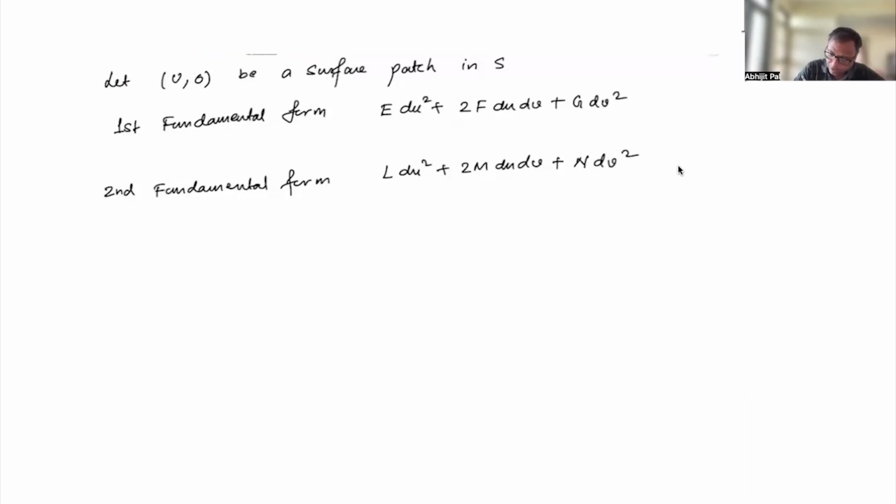Okay. Also, in the last class, we have obtained this thing. The matrix of D_P is equal to minus the inverse of the matrix (E F; F G) multiplied by the matrix (L M; M N).